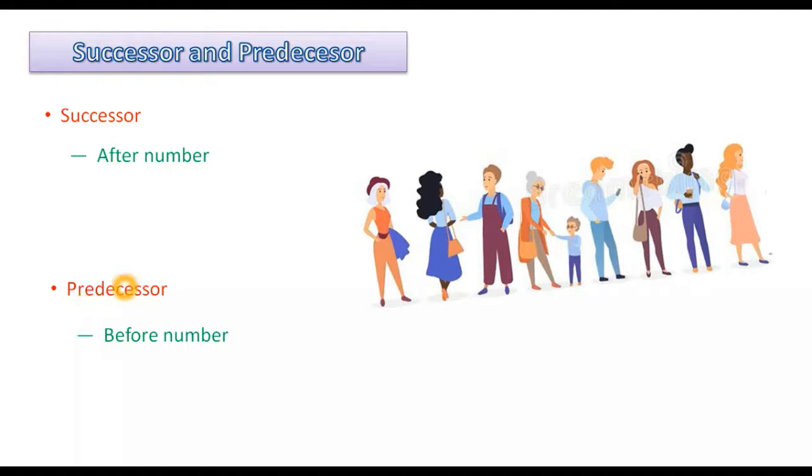Okay, so let's understand the concept of successor and predecessor using this example where people are standing in a queue. Here, if you look at this boy wearing blue pants, he is standing after this lady who wore a white shirt, right?